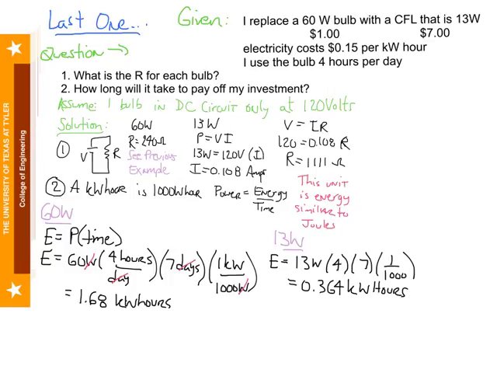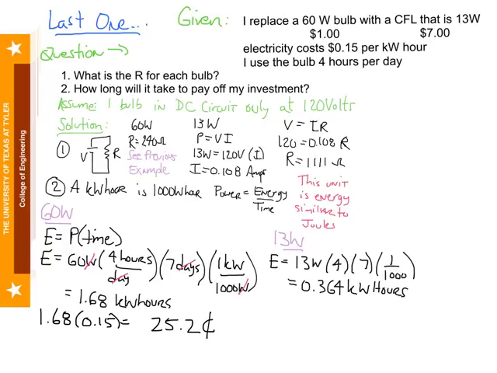Well, for my 60 watt bulb, the cost at 15 cents a kilowatt hour, I have 1.68 times 0.15, which costs me 25 cents. I divided that by 100 to get cents, by the way.